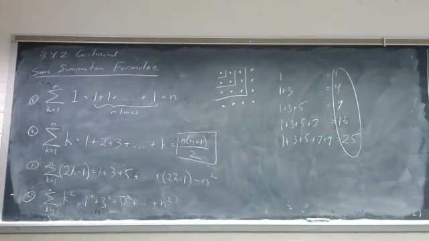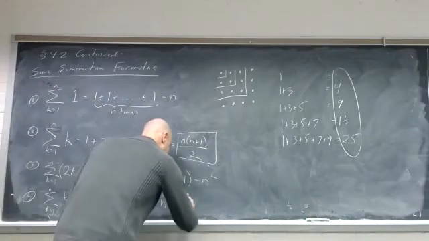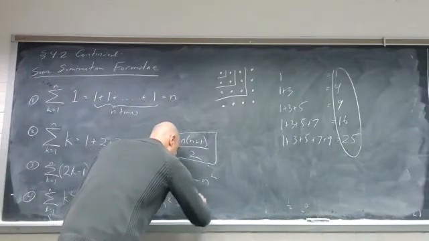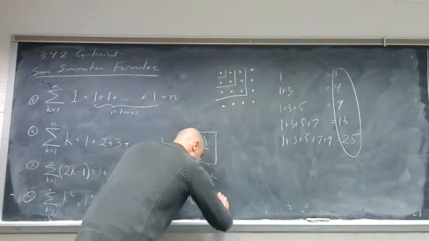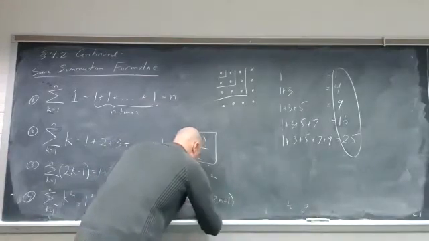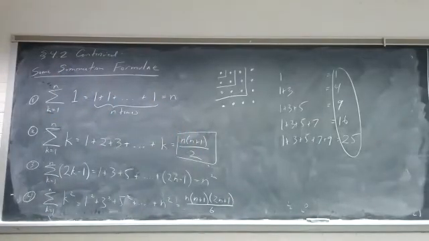This one's a little bit more complicated. It looks a little like this. This is n times (n plus 1) times (2n plus 1) all over 6. Sure, that was on the tip of your tongue.